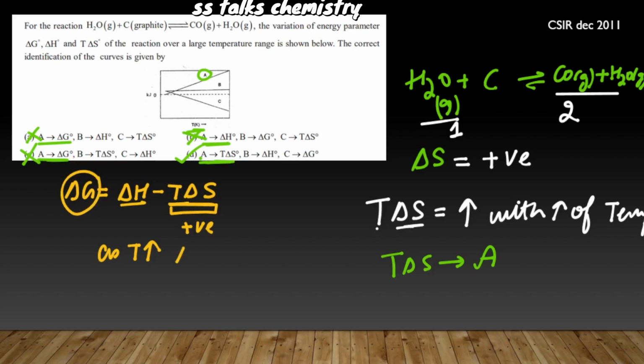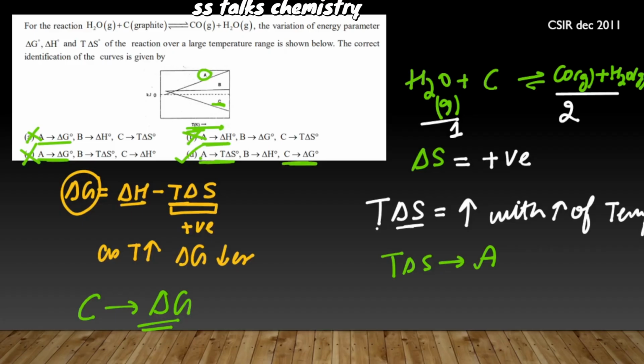So as the temperature increases, delta G decreases with temperature, right? This is shown in the plot, that is the C option. It is showing that as the temperature is increasing, the energy parameter is decreasing. That means C is representing your delta G value. Okay. So in option B only you can see C is representing delta G naught.